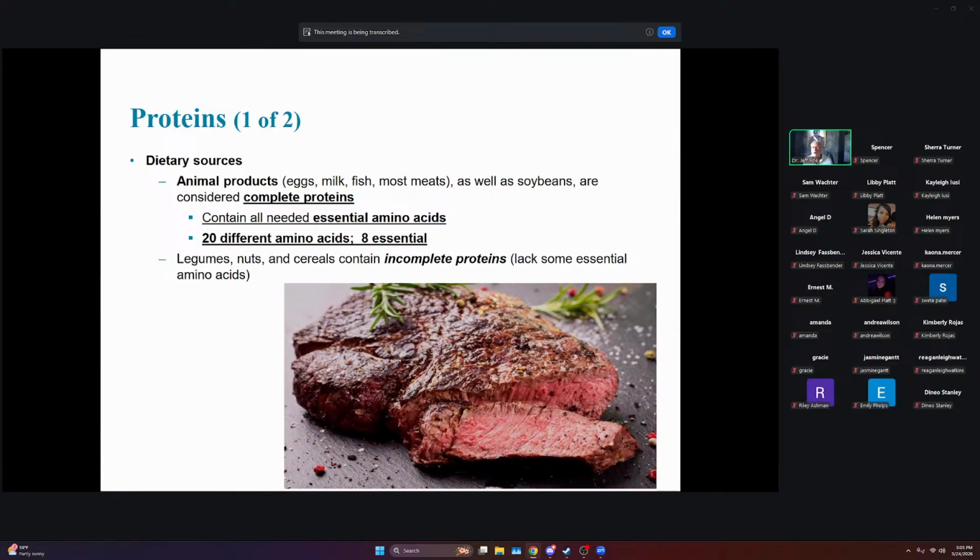A lot of our grains, like soy, soybean, okay, and other grains have protein in them. A lot of legumes, lima beans, black beans, pinto beans, cannellini beans, all of those beans have proteins in them. So it's more than just meat, eggs, and fish.